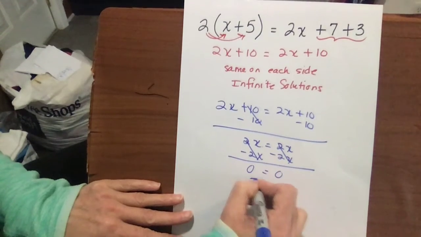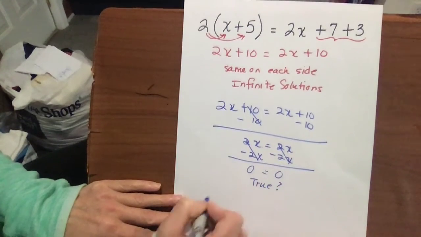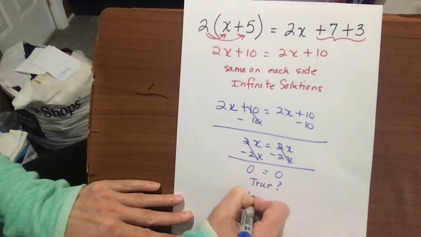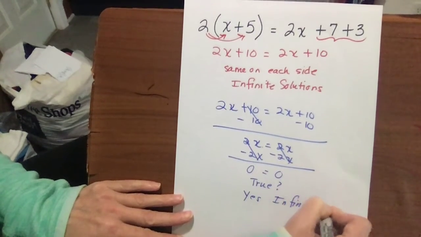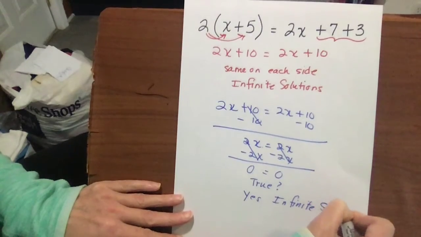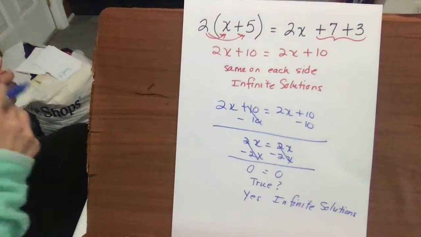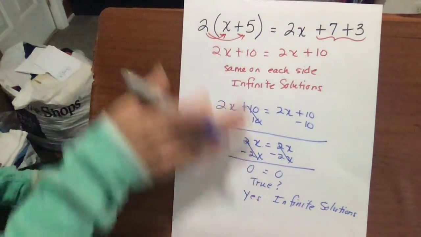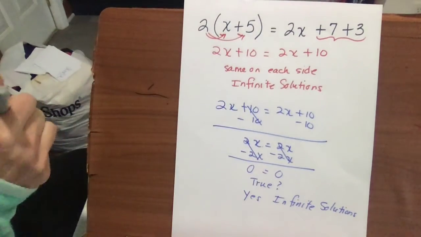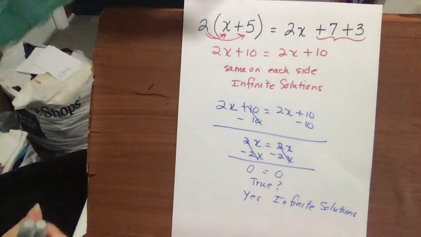And now you have to say true or false. And true is yes, so infinite solutions. So again, it depends on how your brain works and operates and what you see in the given moment and how robotic you are being, and whether you will recognize this early on or a little bit later. Either way, you'll wind up at the same result, which is the most important.